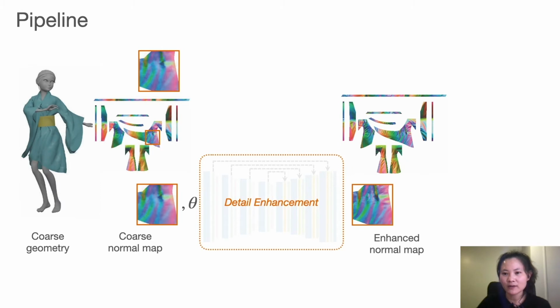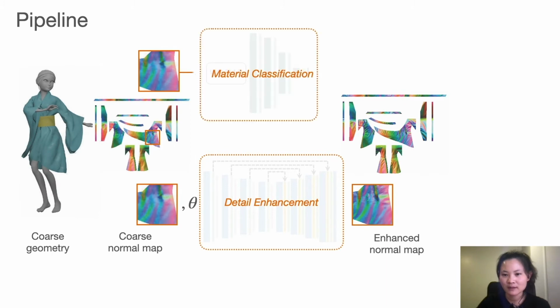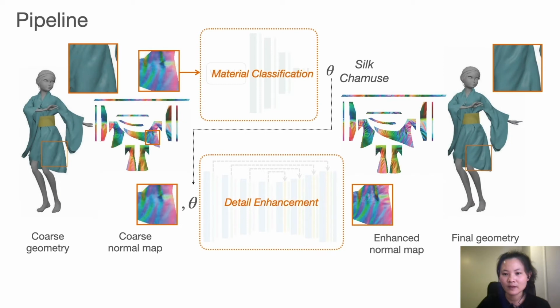We combine all the enhanced normal patches to generate the complete normal map that captures fine wrinkle details. In case the garment material is unknown in advance, we present a classification network to predict a one-hot vector to indicate the material type. Finally, we lift those wrinkle details to 3D geometry.